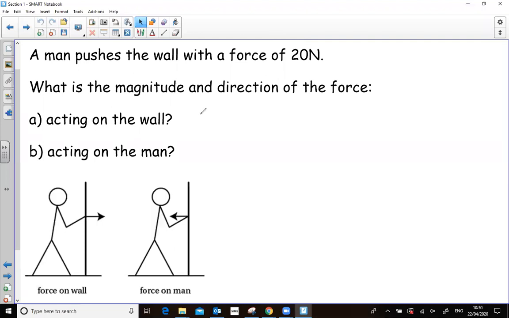So for part A, the force is 20 Newton, but because it's acting on the wall, it's pushing into the wall, or in other words, the direction would be towards the right-hand side, towards the wall.